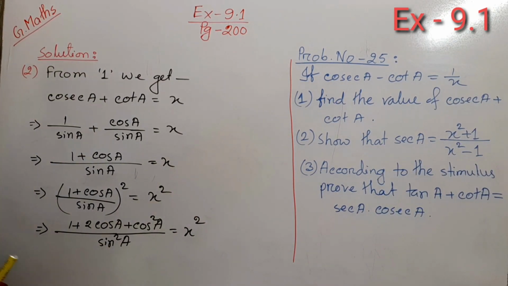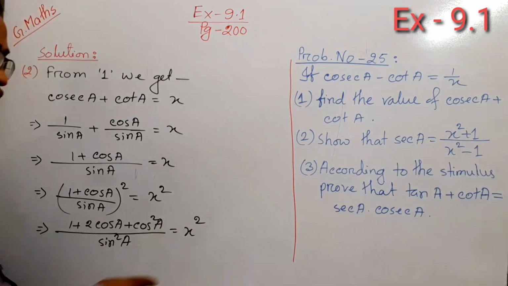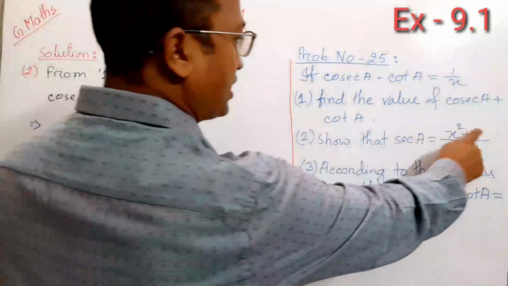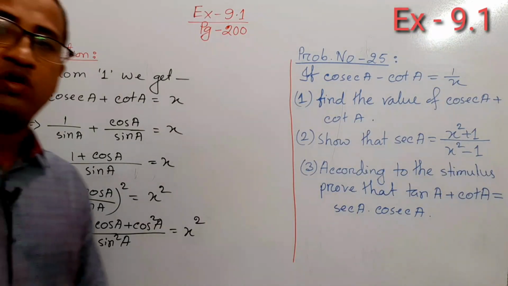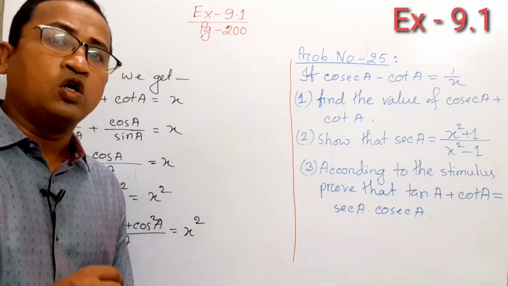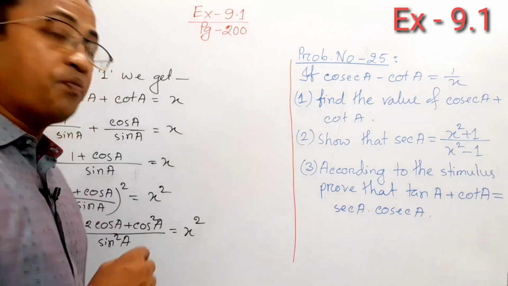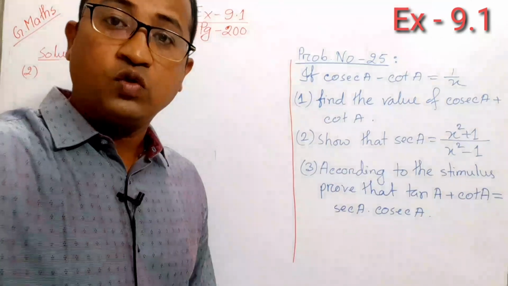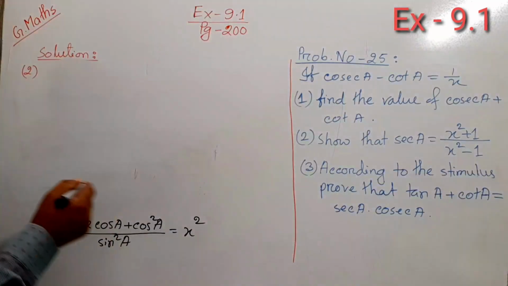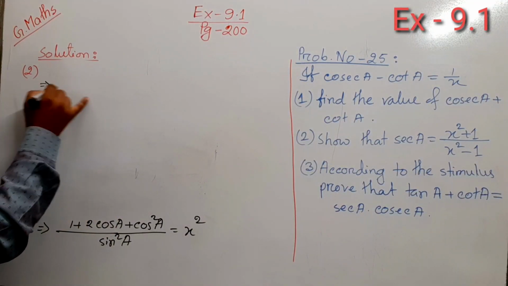Now we need componendo dividendo to make the right hand side x square plus 1 by x square minus 1. In the right hand side we have x square plus 1 by x square minus 1. So we need to take componendo dividendo over there.